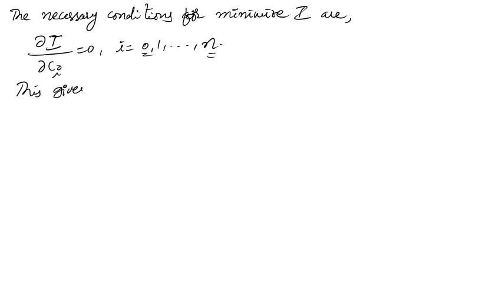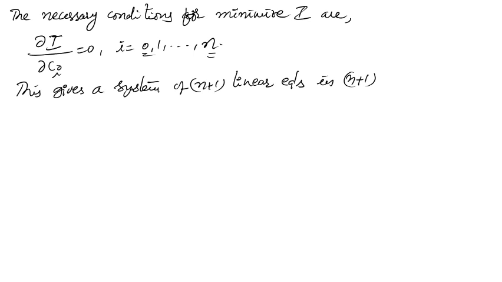This gives a system of n plus 1 linear equations in n plus 1 unknowns. What are the unknowns?